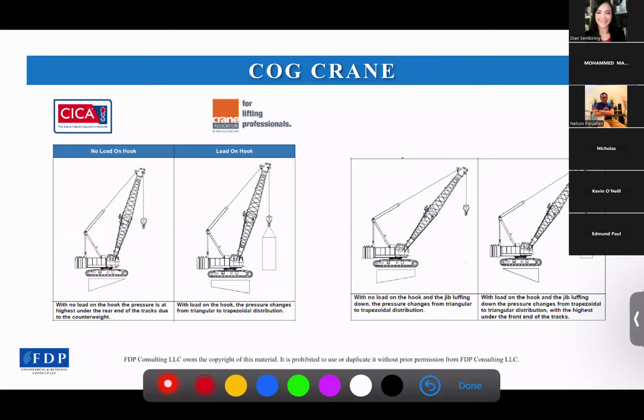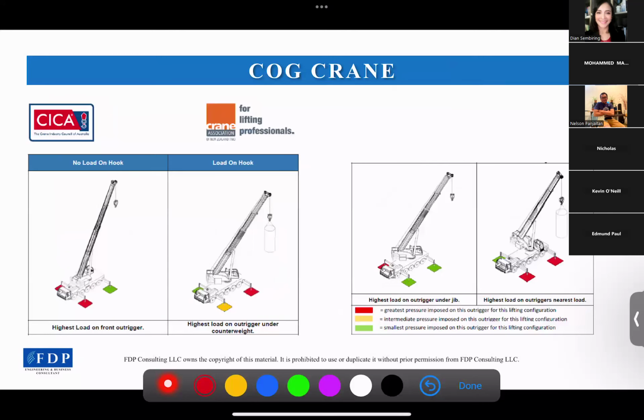And it will be the same situation with a crane with the outriggers here. The difference is the mechanism to distribute the total weight to the foundation. In this case, it's the outrigger itself, based on the COG location.